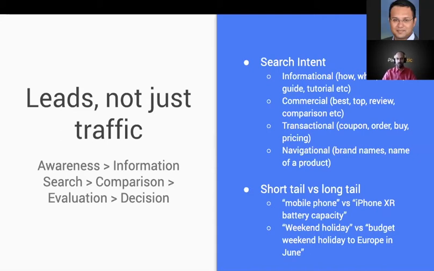Similarly, if you're a person who's looking to travel, compare the two searches: a weekend holiday versus somebody searching for a budget weekend holiday to Europe in June, right? You can't get any more specific than that. So you're qualifying the weekend holiday as budget, and you're specifying the destination.